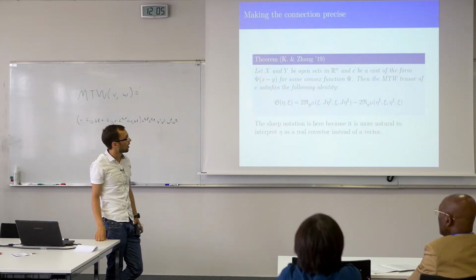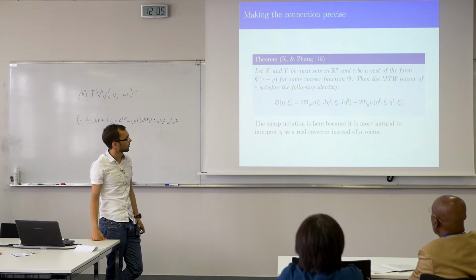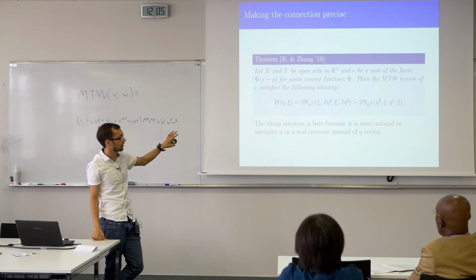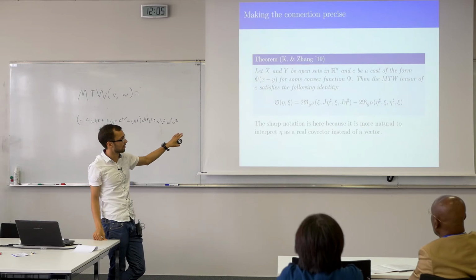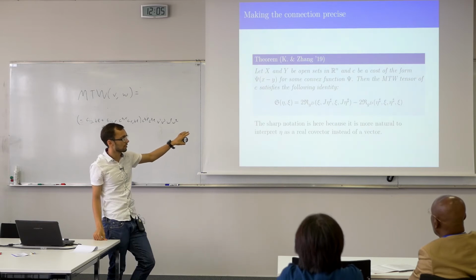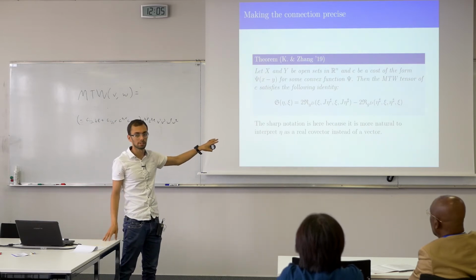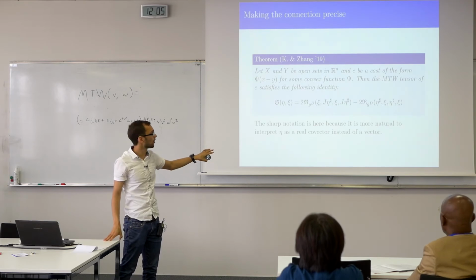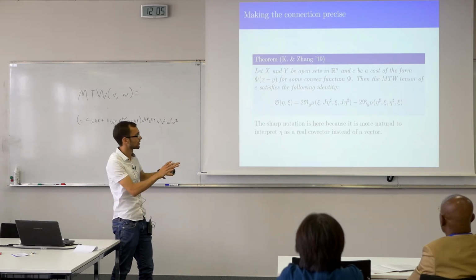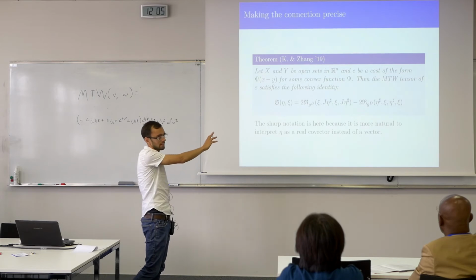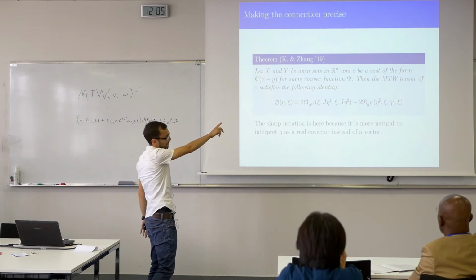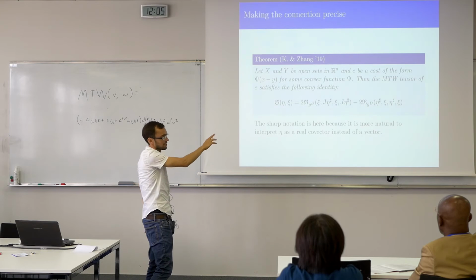Doing so, we get the following theorem, which is basically that the MTW tensor is 2 times the difference between two sectional curvatures. We're calling this the anti-bisectional curvature because it's basically a bisectional curvature, except that bisectional curvature has a plus, whereas this has a minus.